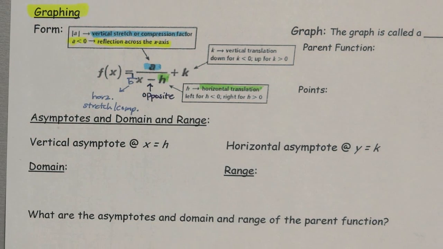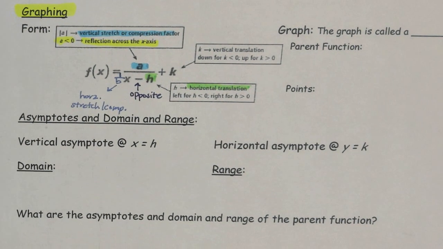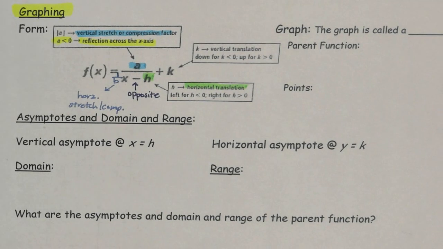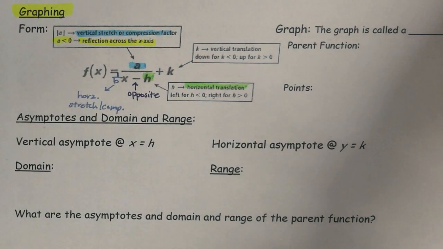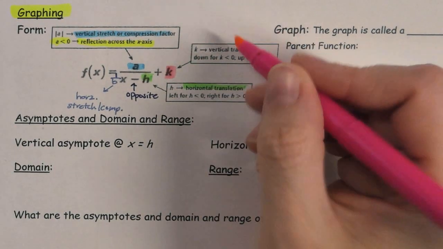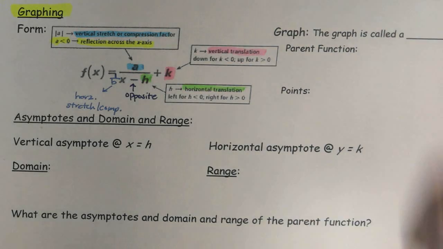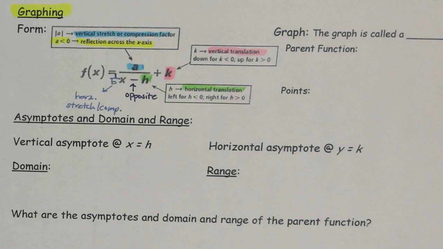So it's the opposite of what you see. And that is standard with what we've been doing with these types of functions. Okay? And then your k value, that's going to be the vertical translation, so your up or down. And these are going to be related to asymptotes. So the asymptotes are important in rational functions.